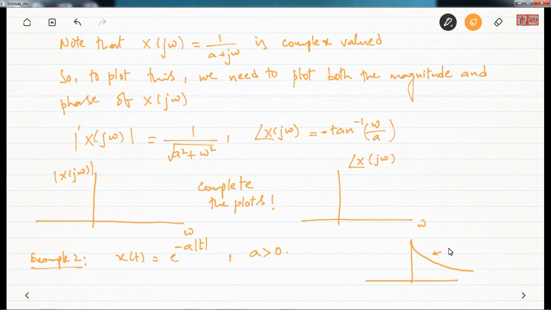This is e power minus a mod t, plotted with respect to t. Right. So how do we compute its Fourier transform?